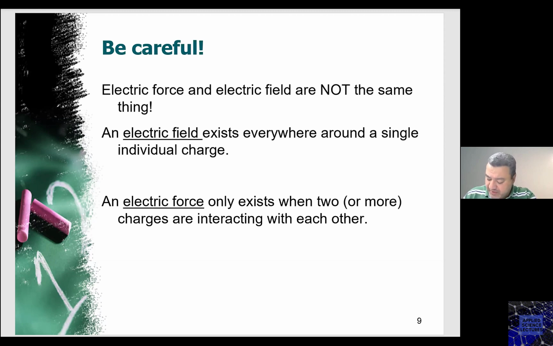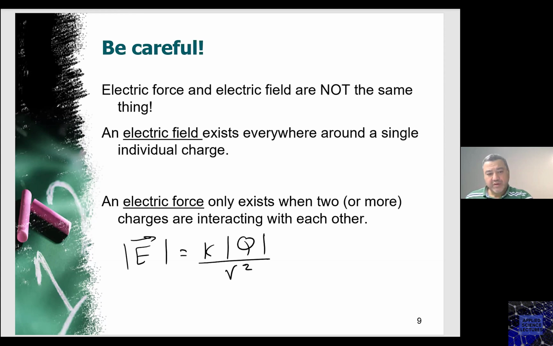There's a big difference. As you can recall, the electric field is generated due to the existence of one single charge. One single charge will create this electric field in the space around it.